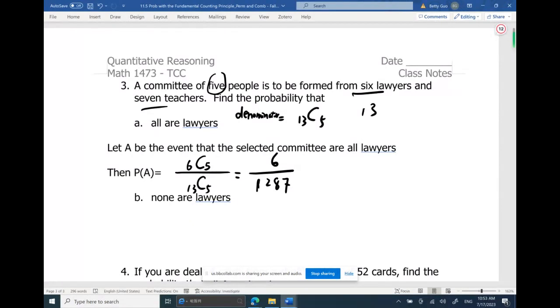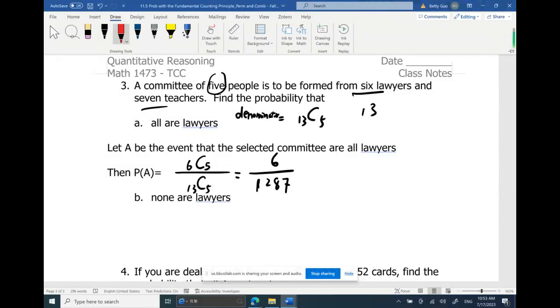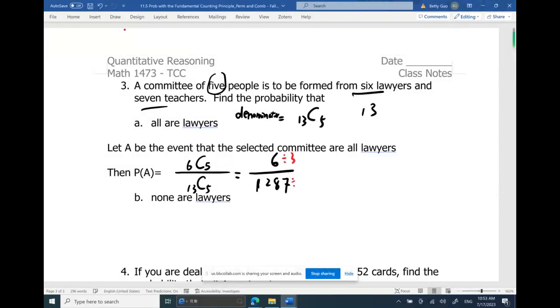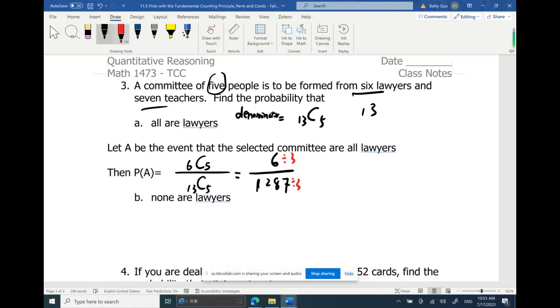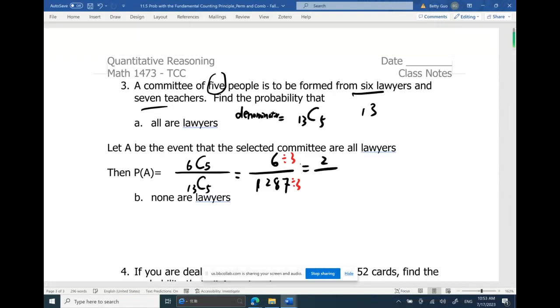So if we divide both numerator and denominator by 3, let's simplify. Then we would have 2 here, and 429 in the denominator. Okay? Let me double check my result.